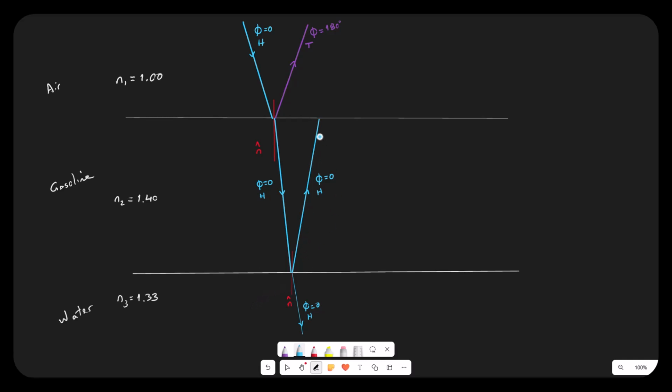Now this wave is coming up toward the air again. There's my normal. And I am just refracting. I'm not picking up any kind of inversion or anything like that because I am not reflecting. I am refracting. So this is a phase of 0 heads wave.